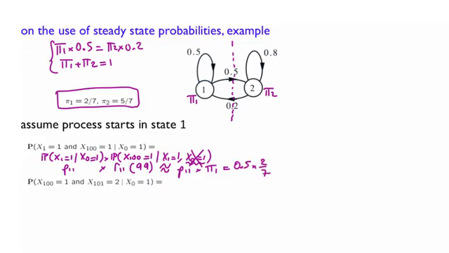Now how about this expression? Given that you start in state 1, what is the probability that at time step 100 you are in 1 and time step 101 you are in 2? By doing the same technique, it's the probability of the first thing happening, and then given that thing happening, the probability that the second one happens, X101 equals 2 given X100 equals 1 and X0 equals 1.